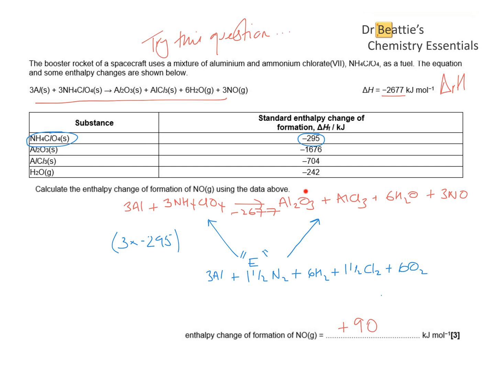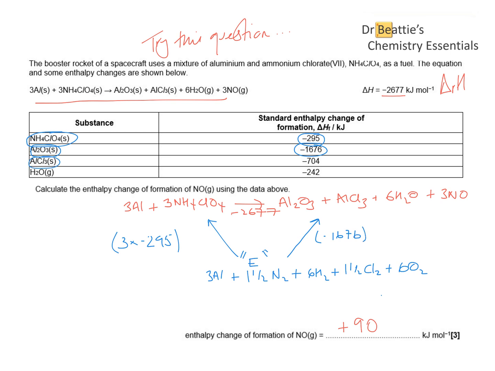So we've got aluminium oxide, which is this value here. We've only got 1 mole of it, so we only need to use the minus 1676 once.